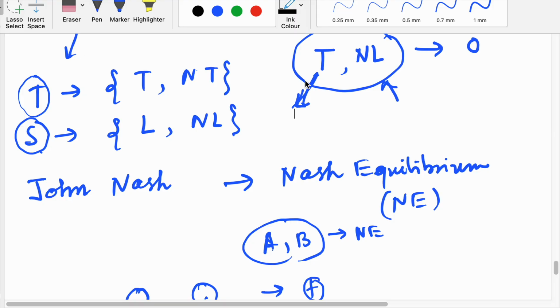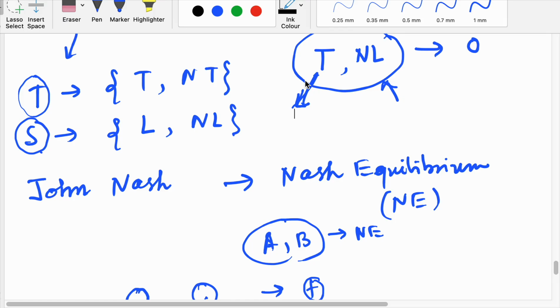So I am thinking about what I should choose if the student does not want to learn, what will maximize my payoff.